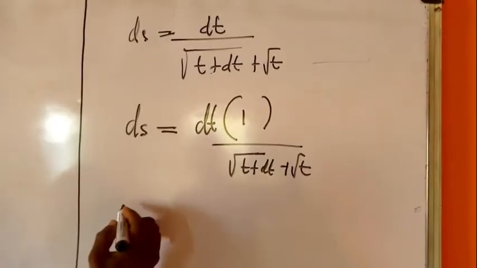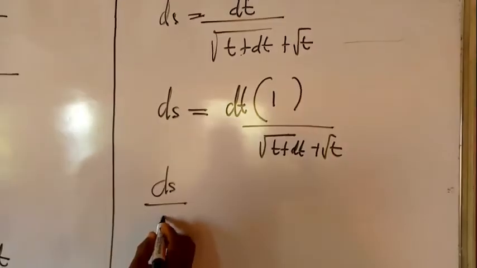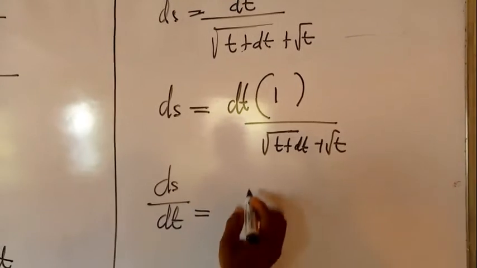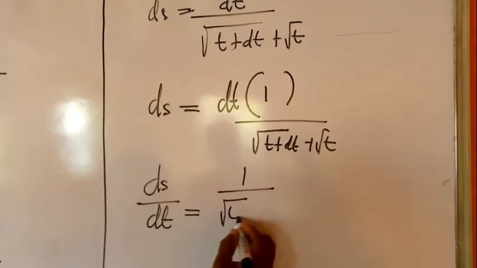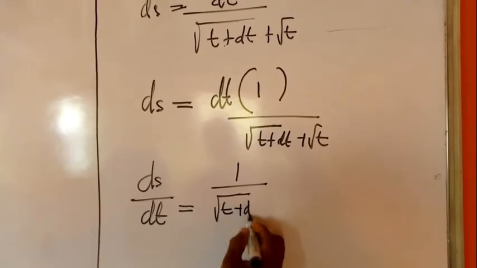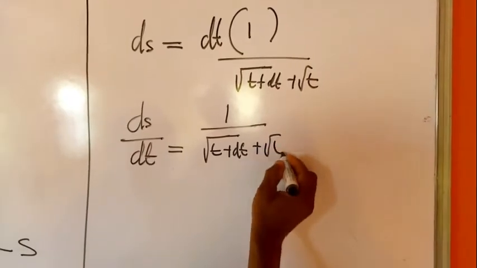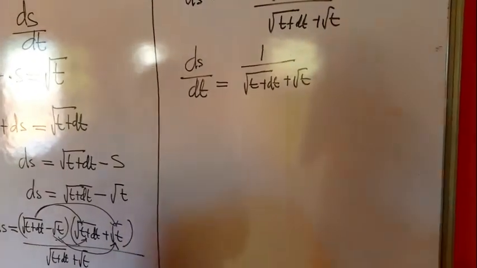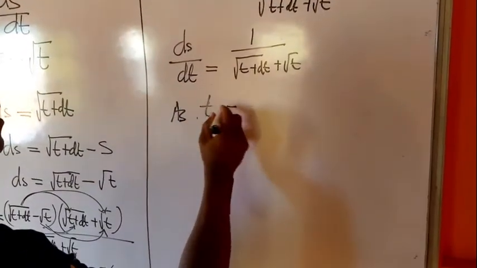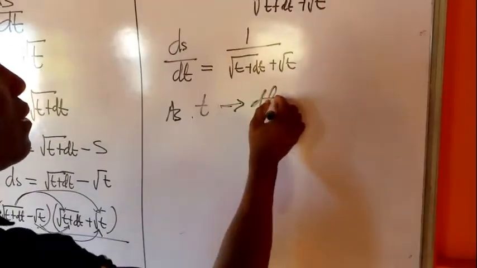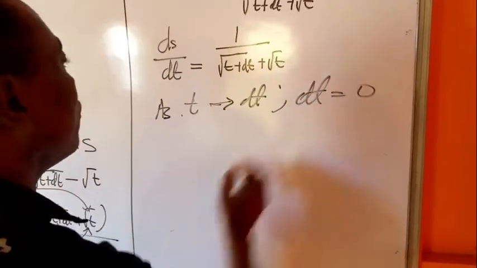So dt will come down. You are going to have 1 all over root t plus dt plus root t. So as dt tends to 0, dt is equal to 0.